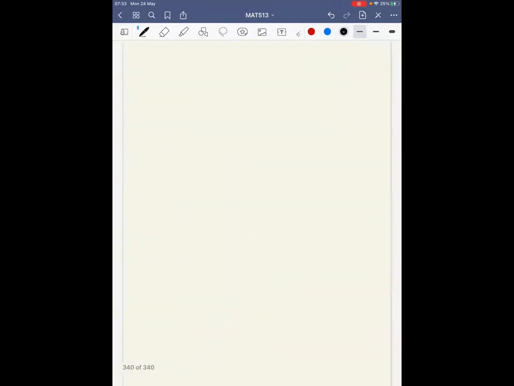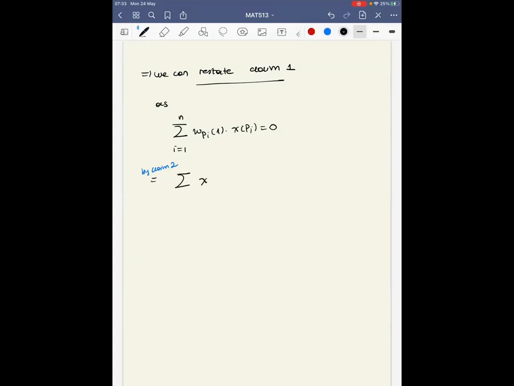We can restate claim 1 as VPi of omega, Pi is 0, i from 1 up to n, as in claim 2, VPi of x is 0. Here Pi's are the distinct places.